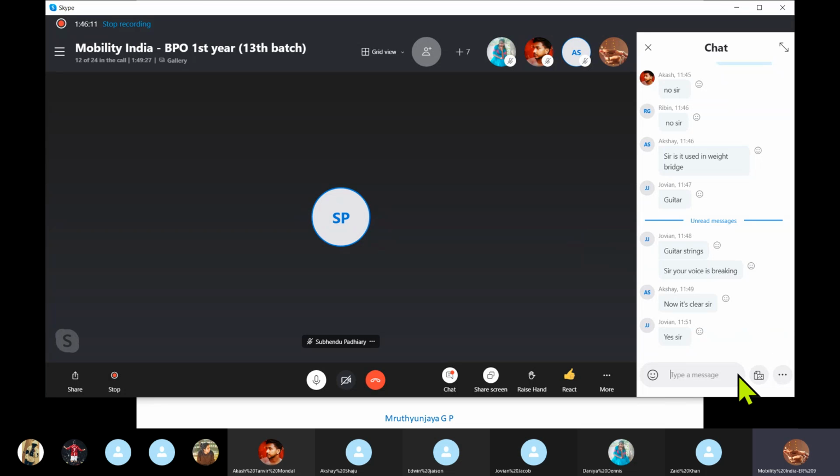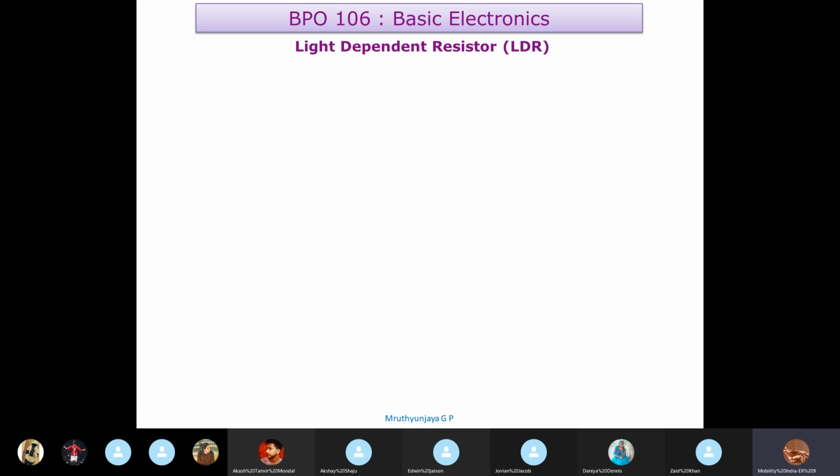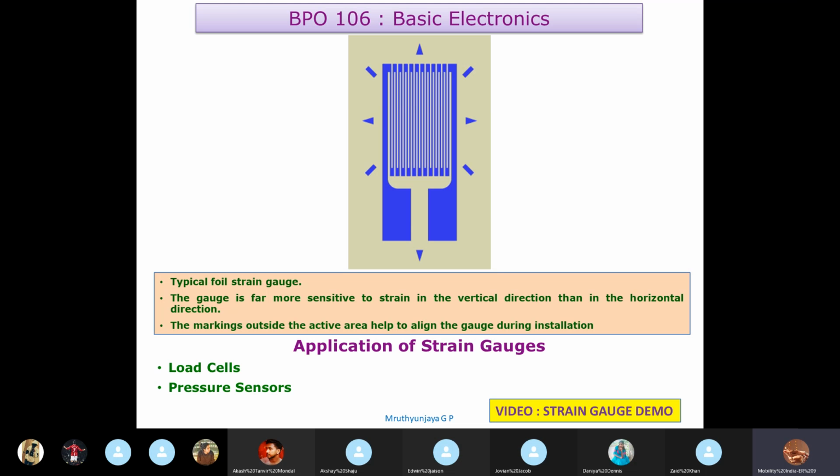Is my explanation clear? The typical application is in what they call the pressure sensor or the load sensor. A load cell is a device which uses the strain gauge, as I explained now, in measuring the load, the weight. The weight can be applied in this direction, and the strain gauge will be mounted in this direction.